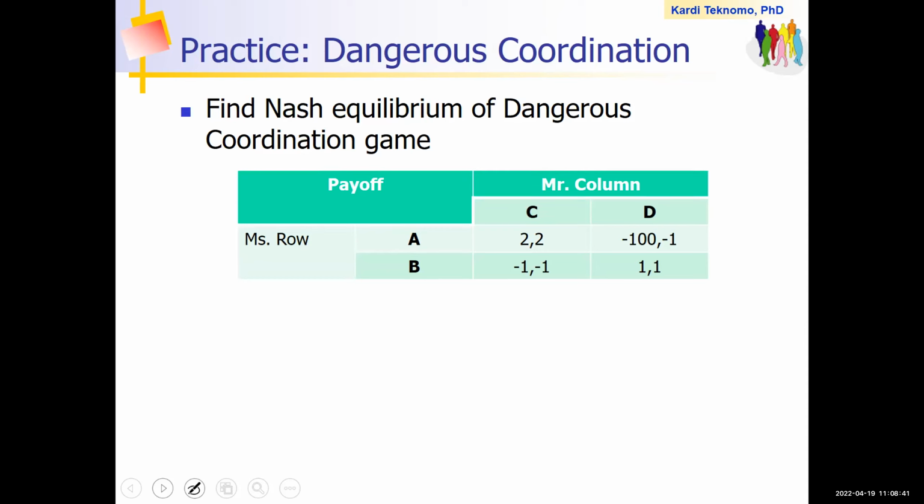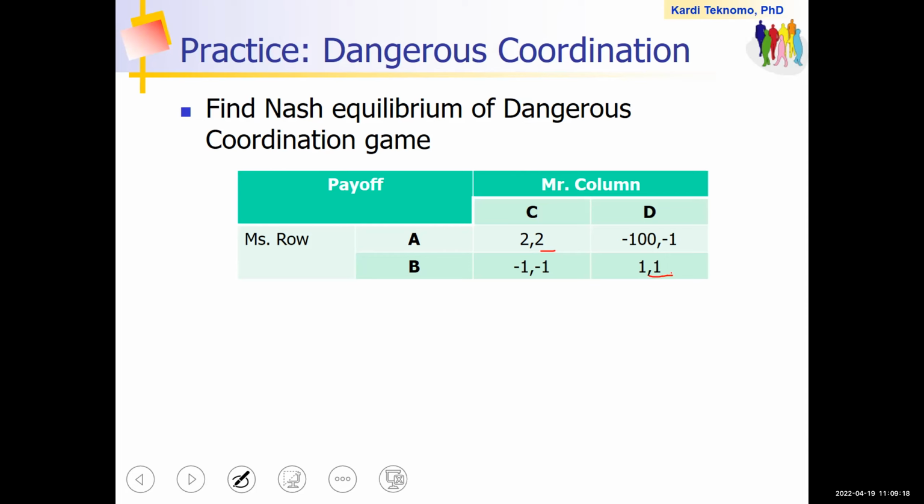This is called a dangerous coordination game. Can you find the Nash equilibrium of this? So if Miss Row plays A, what will Mr. Column do? C. So let's write that as C. If Miss Row plays B, what will Mr. Column do?